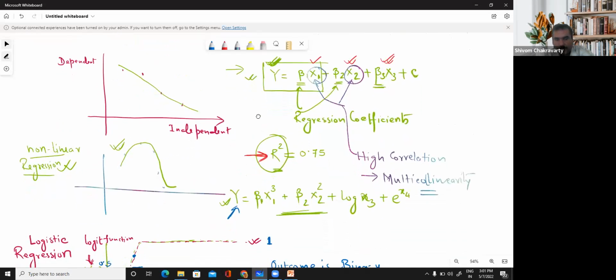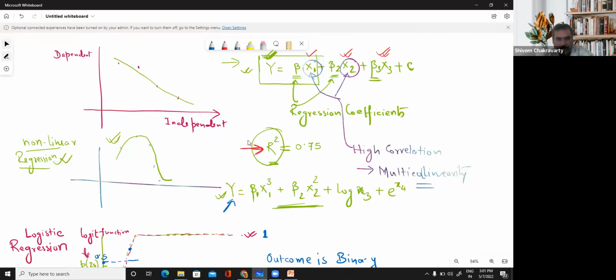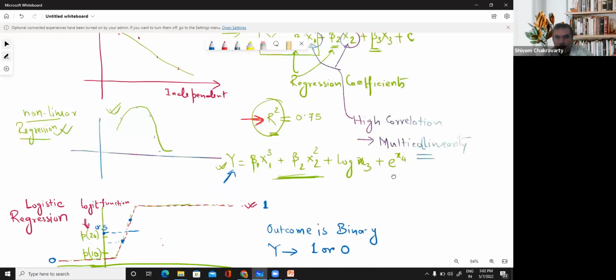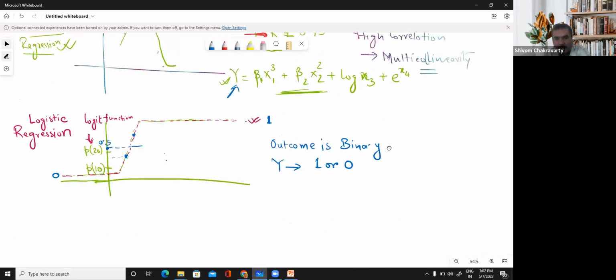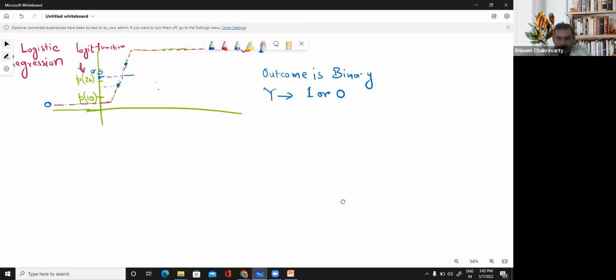So basically, to arrive at the regression equation, we have to check for all these things: whether linear regression makes sense, whether non-linear regression, including a square of the independent variable rather than just the independent variable, makes sense, or log of the independent variable rather than just the independent variable makes sense. So we have to check for all those things. The way to check is on the effect of R square. If R square moves closer to 1, then we are doing something right in regression. So the next model we will discuss is clustering.